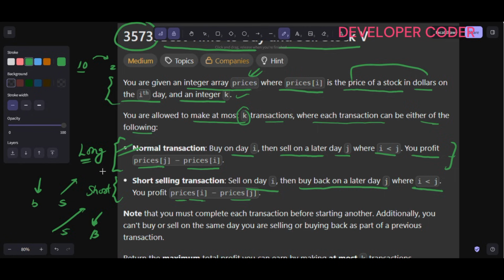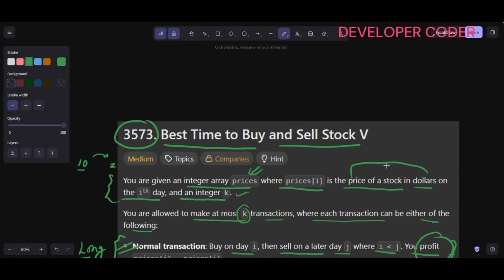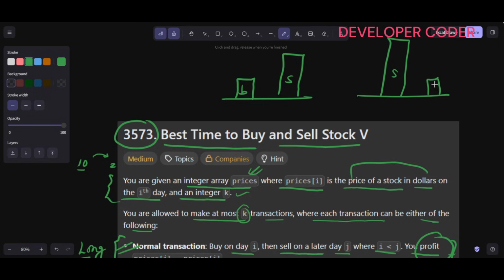You need profit only. So we get the profit when we buy at this amount and sell like this, or when we sell at this price and then buy cheaper. In both cases we are going to get the profit.